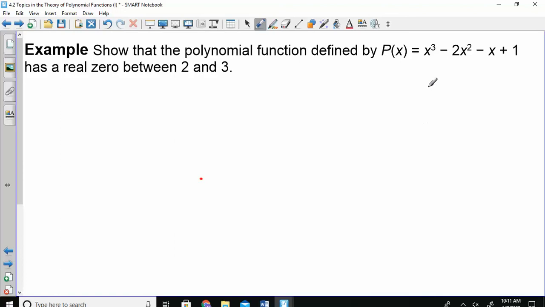So here is your example. Here's my polynomial, and I want to show it has a 0 between 2 and 3.